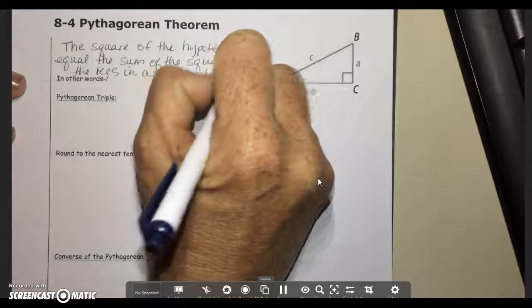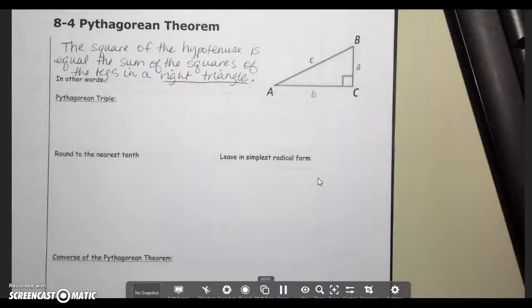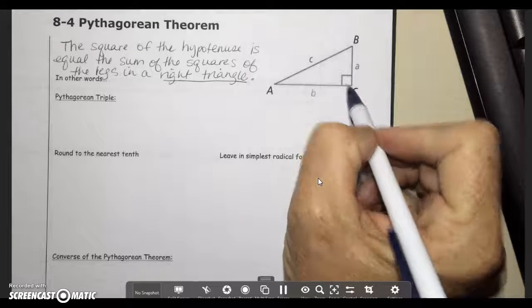The biggest thing you need to remember is that only in a right triangle does the Pythagorean theorem work. When you're dealing with a triangle that's not a right triangle, then you use trigonometry. You can always figure out the angles and sides in a triangle, but you can only use the Pythagorean theorem if you know that you have a 90-degree angle.